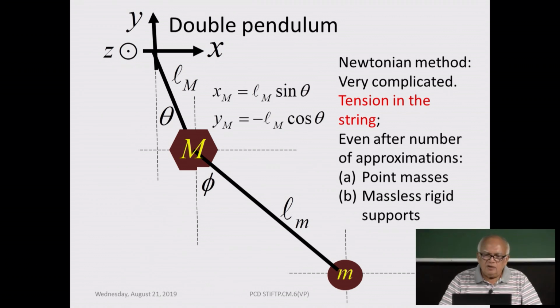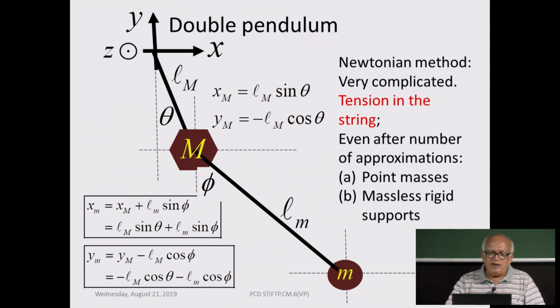So the lengths of the rods are different, the masses are different, and you can write the coordinates of the first mass, which is the uppercase capital M, the bigger mass if you like, and then you can write the coordinates of the lower mass as well.